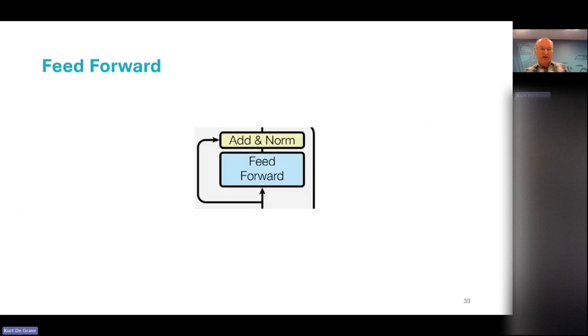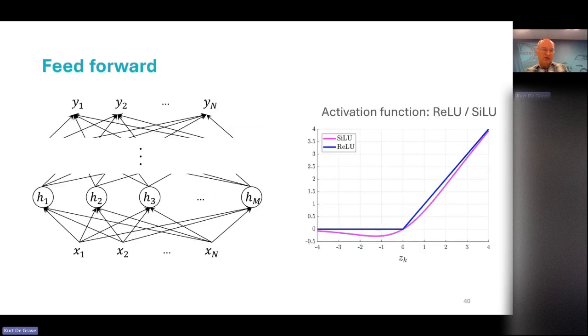Then we feed this information into a standard feed-forward network. Originally, the activations for these neurons were ReLUs, the blue curve. But more modern networks use smoother functions like SiLU, the purple function.